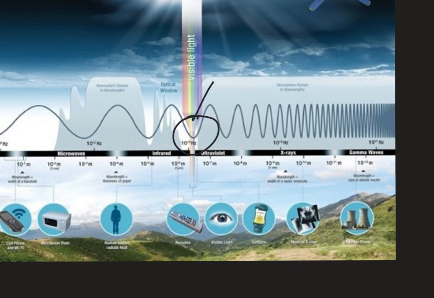It's this frequency that allows us to see everything around us in the world. Now, if we increase the frequency, we start to see smaller and smaller waves, and this is where we get to energy that can cause things like cancer or cell damage.